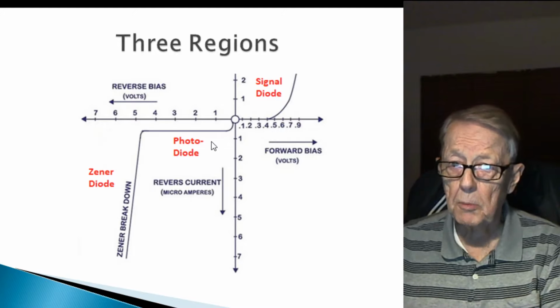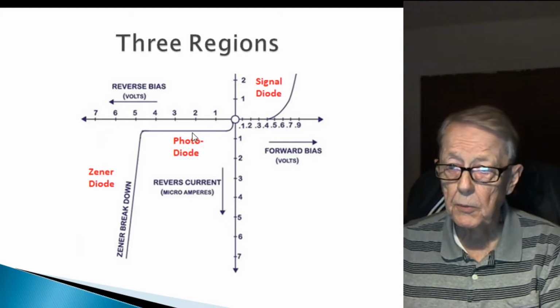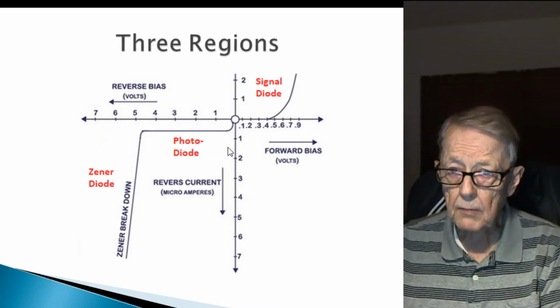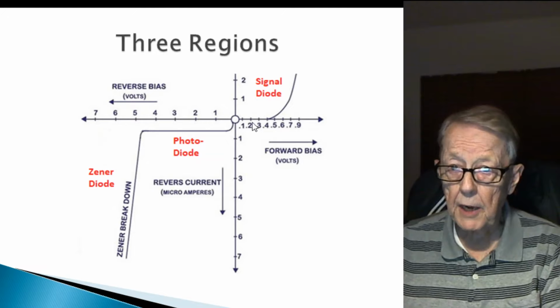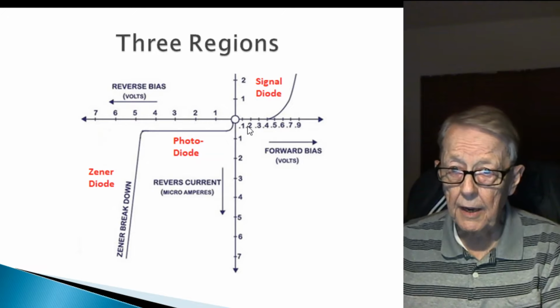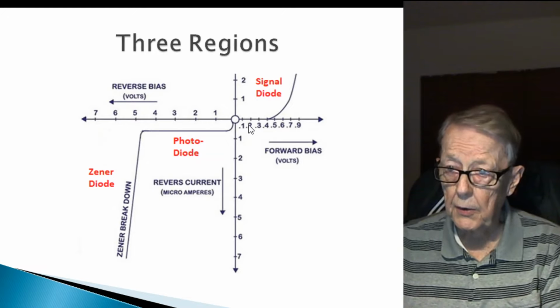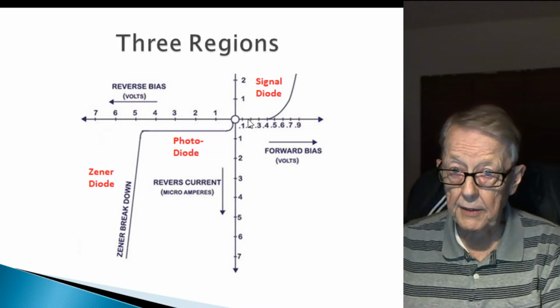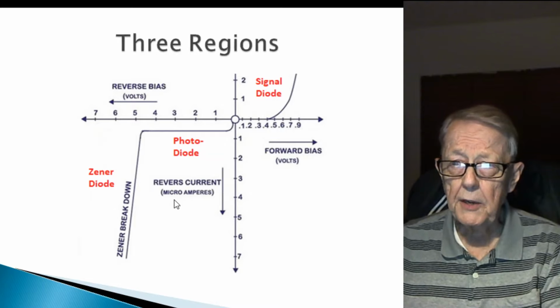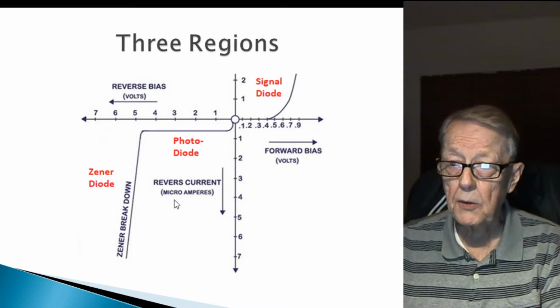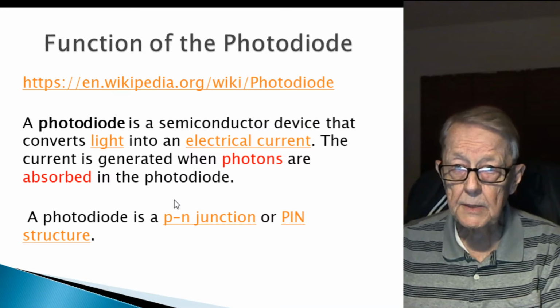Today we're going to talk about the photodiode, and this is the region it uses. There's actually a fourth region, which I will go into next time, and that's right here. The solar diode, or the solar panels that use the diodes, actually operate in this region. Quite interesting how many different ways the diode is being used.